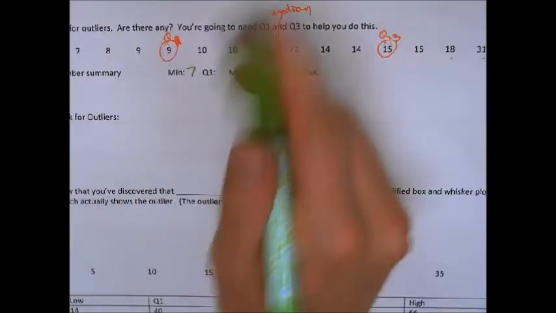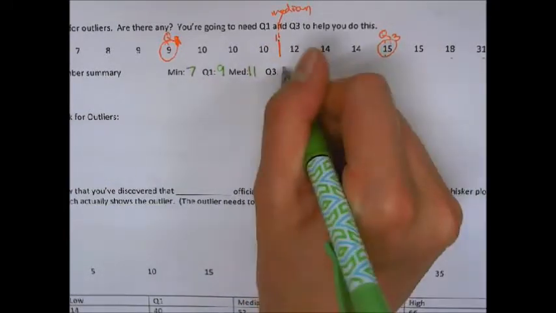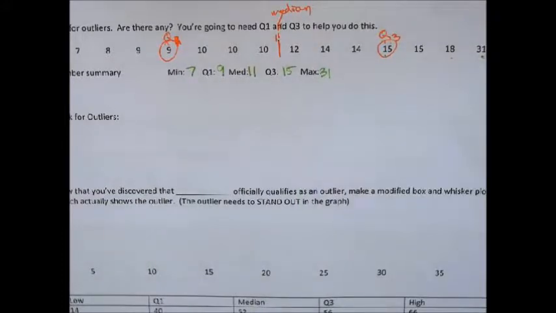Our Q1 is 9. Our median's 11. Q3, 15. Maximum 31. So now we're going to check for outliers. I'm just taking a guess. What number could be an outlier? I would probably guess at 31, but we have to check.